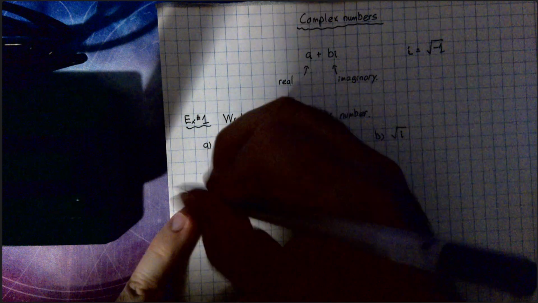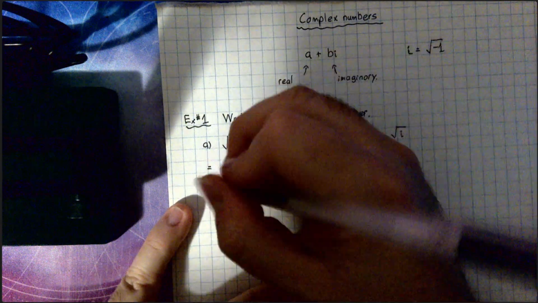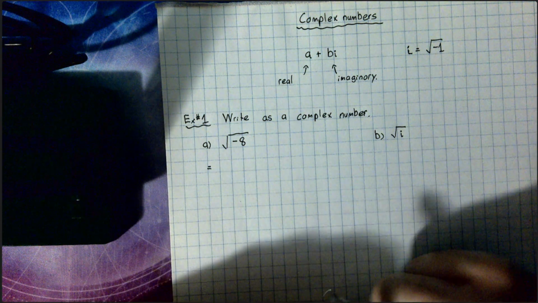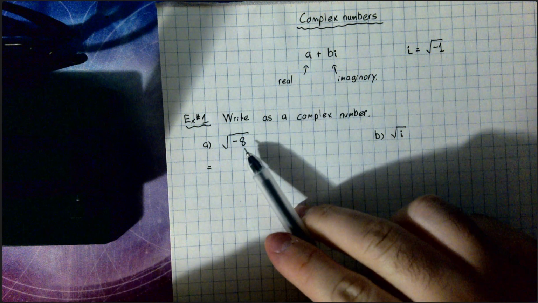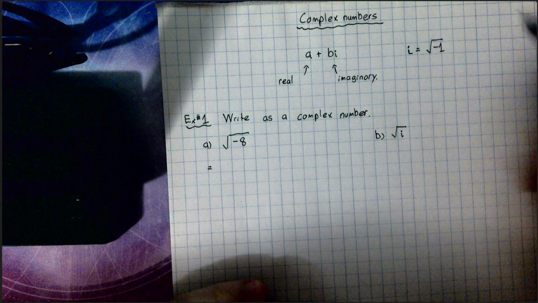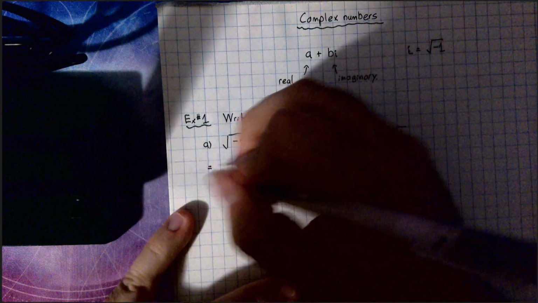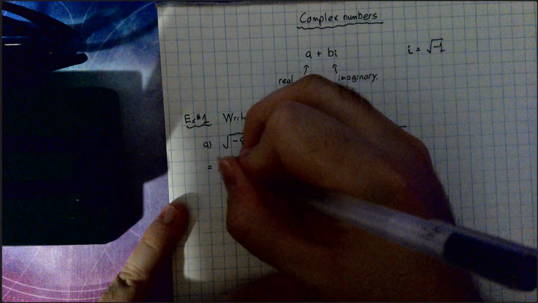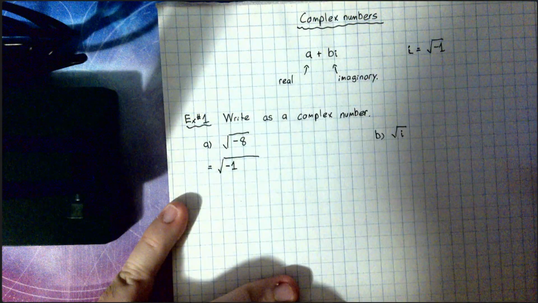Alright, now I can simplify this the same way I did all the way back in grade 9 pre-IB when I learned how to simplify radicals, right? I see something underneath the square root and I break it up into pieces to see what I can get out of it. So I'm going to get rid of that negative sign, so I get that -1, which will eventually become my i.